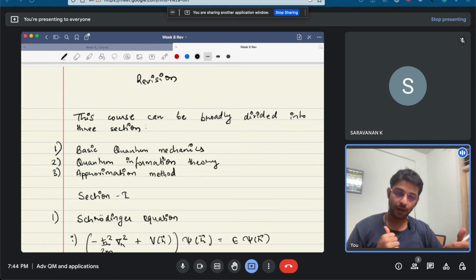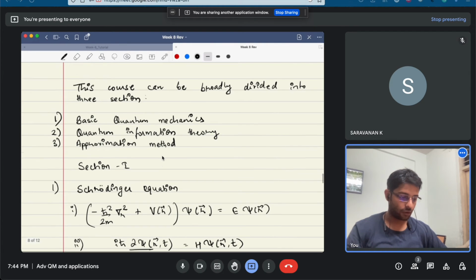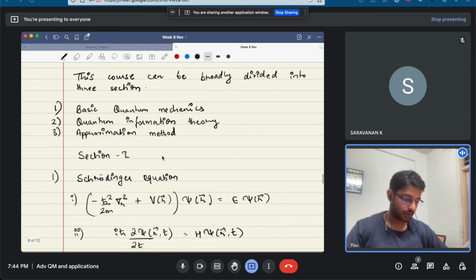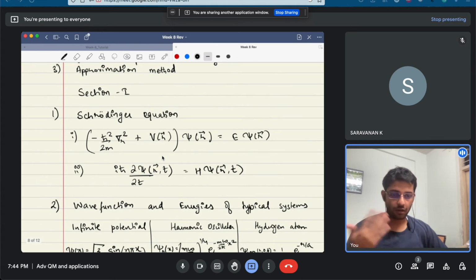And in the third part we have essentially looked at approximation methods. I've made notes on this, and I will upload these notes separately for a quick revision. You can just go through all the formulas that I have kept in short, for a quick recap before your exam.